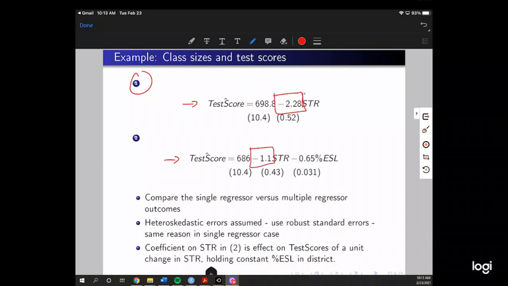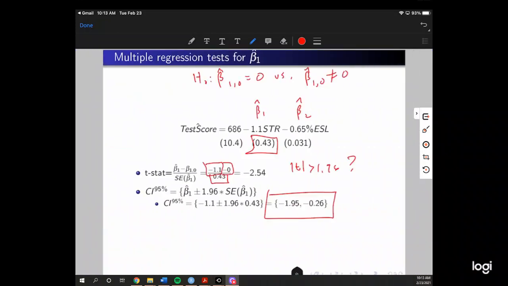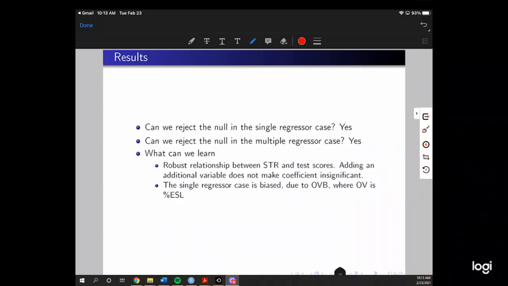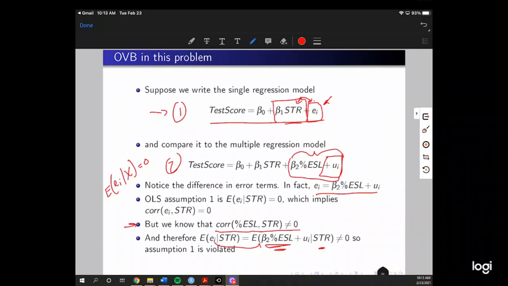That difference is due to the fact that percent ESL is left out of model 1, due to the correlation between percent ESL and student-teacher ratios. So this estimate, negative 2.28, is biased relative to the true value. Negative 1.1 is closer to the true relationship between student-teacher ratios and test scores than negative 2.28. That's why it's important to satisfy all the assumptions of OLS.